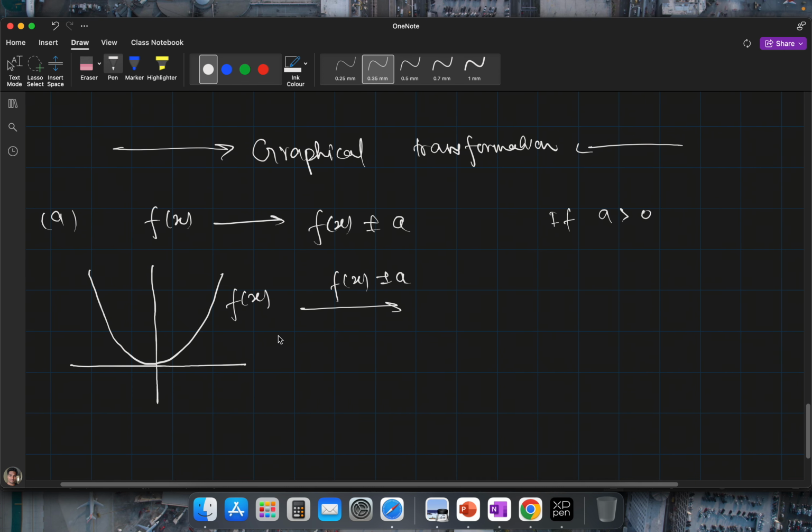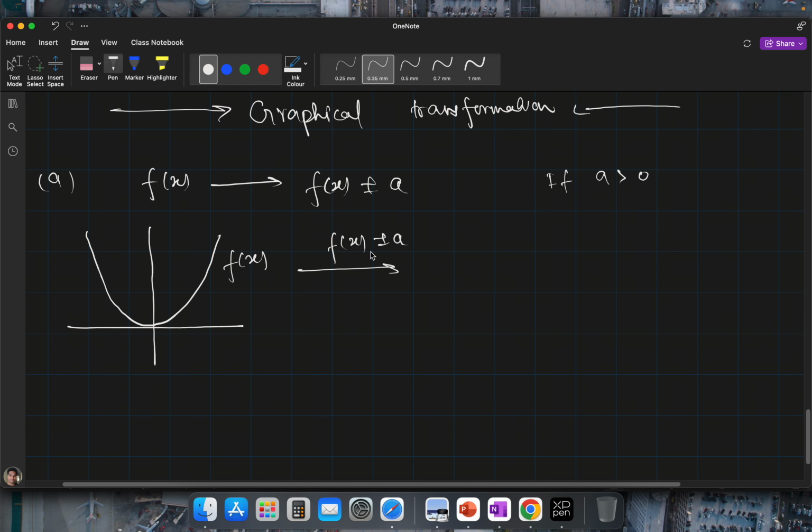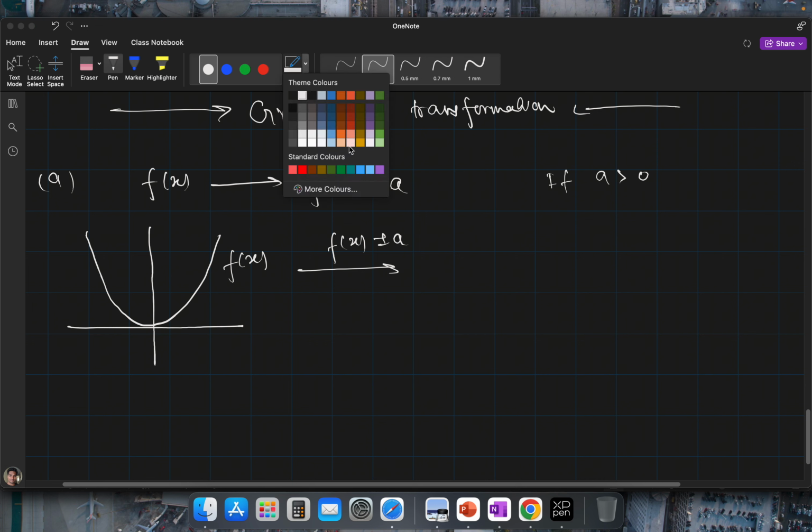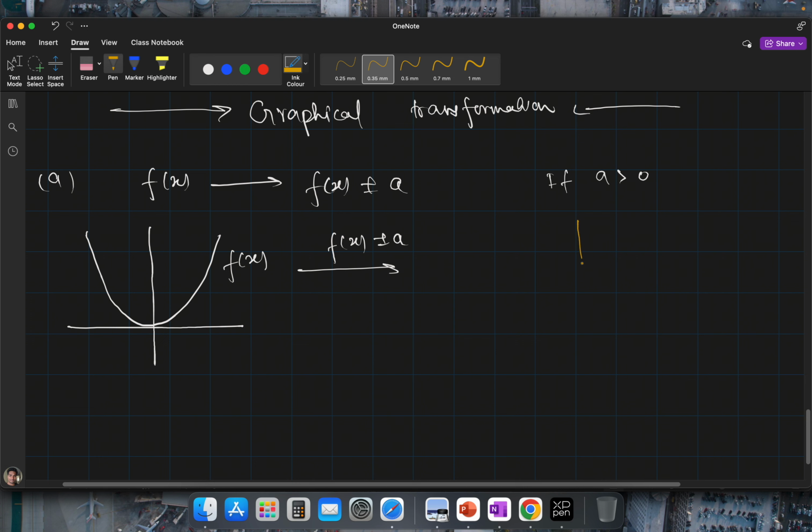If you want to draw this, then you have to do one thing: just translate this graph by a units above or below based on the sign of a.